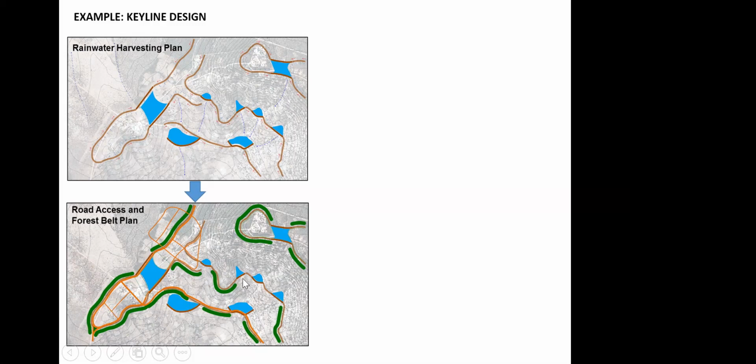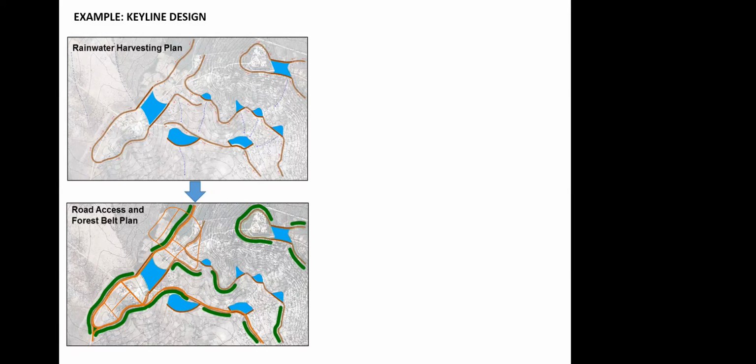And now we've got this framework, and this is very, very important. This framework of swales, access roads, and forest belts is pretty much the framework of your jigsaw puzzle. This is your concept plan. If you just do this, your permaculture plan just starts opening up, because this is a very practical approach.